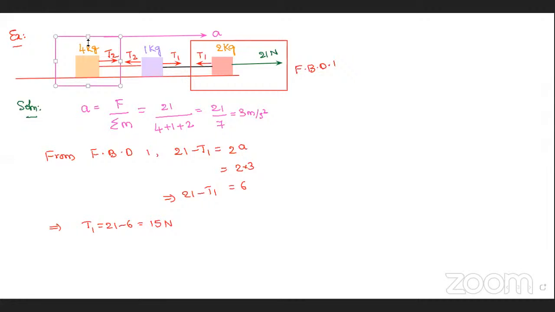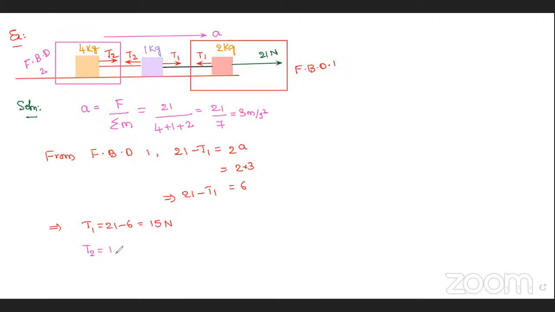If I see the FBD here, that's why instead of going to the 1 kg mass, I prefer the 4 kg mass. The 4 kg mass, I take it as FBD2. In the 4 kg mass, I found only one force is there, and that F net is only T2.